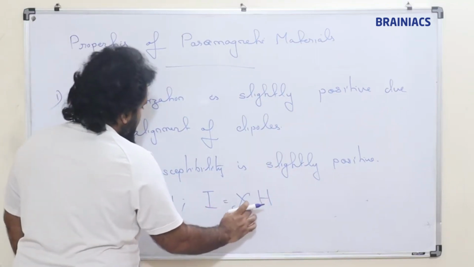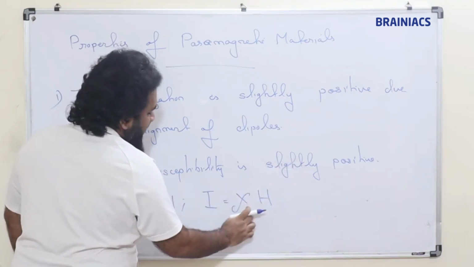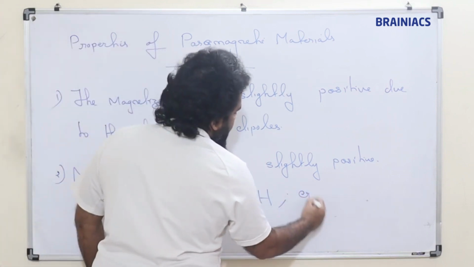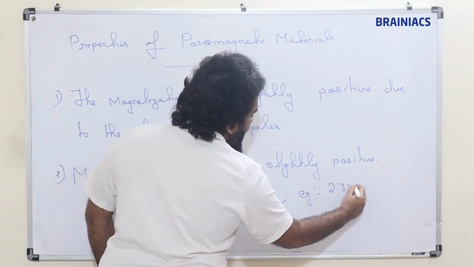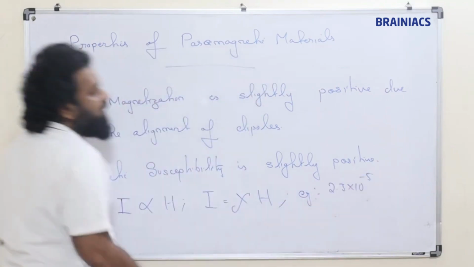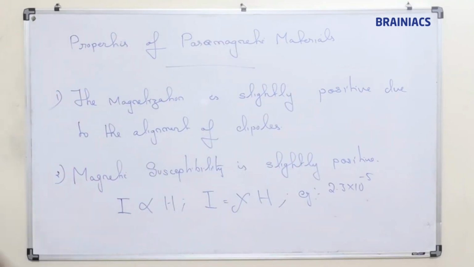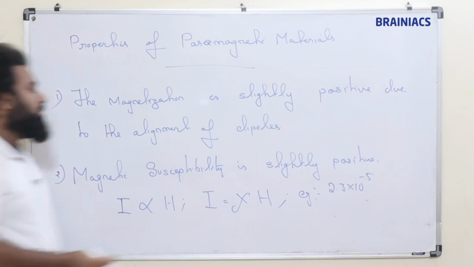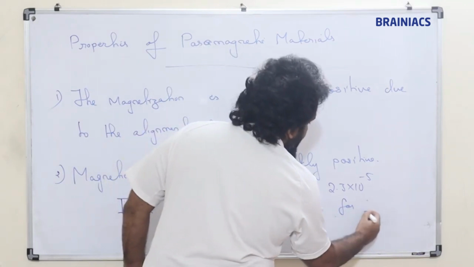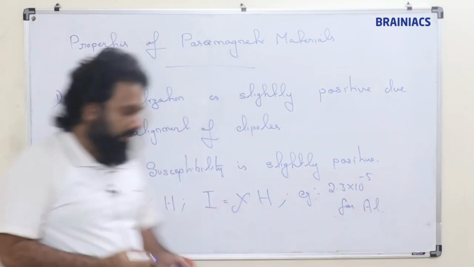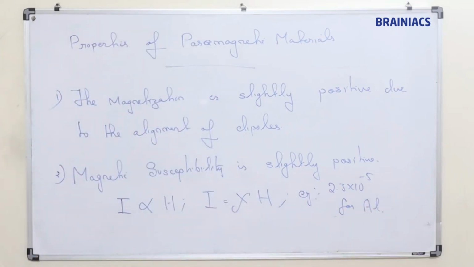Due to the very slight positive value of zeta, I also will be slightly positive. Say for example, this will be somewhere around 2.3 into 10 raised to minus 5. In the previous case we wrote 10 raised to minus 5 for copper. This value is for aluminium: 2.3 into 10 raised to minus 5, very less value but positive. Clear? Please note it down.